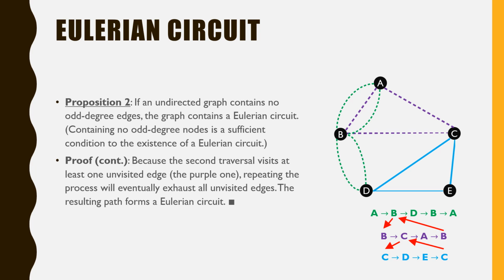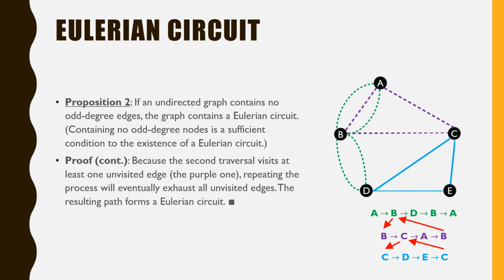Since we only traverse unvisited edges, and each step consumes at least one, this process must eventually visit all edges in the graph. Thus, the final combined cycle forms a Eulerian circuit that includes every edge exactly once. This proves that if an undirected graph contains no odd-degree nodes, we can indeed construct a Eulerian circuit, confirming our proposition.